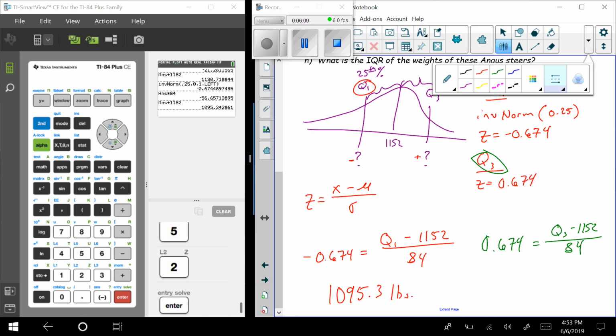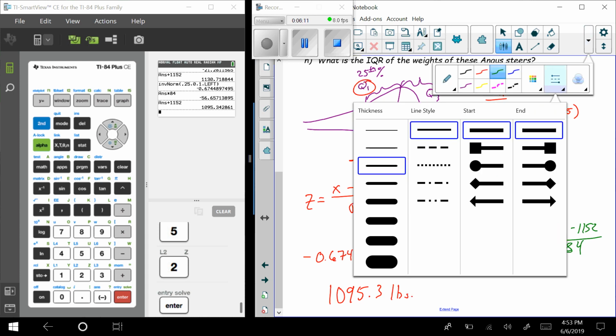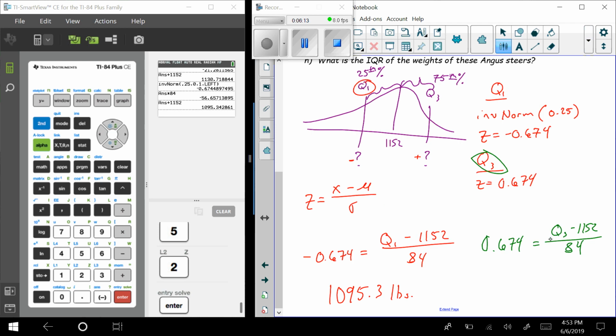Then I have to do something very similar for my Q3. But I don't have that one in my calculator, so I'll just have to use the rounded version. Of course, if you did them one at a time, you would definitely have only rounded once, which will limit your error. Then I add the 1152. And I got 1,208.6 pounds.